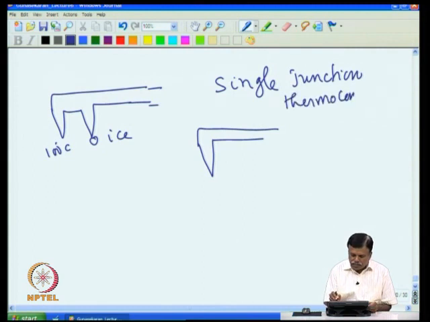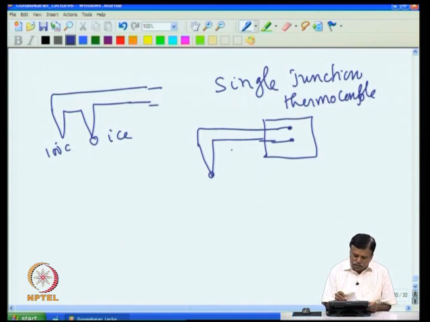Actually, single junction thermocouple is only a misnomer; there is no such thing. The second junction is formed indirectly. For example, if I terminate this single junction in copper, then this is one metal X and this is another metal Y wire. So X and copper form one junction, Y and copper form a second junction, and X and Y form a third junction.